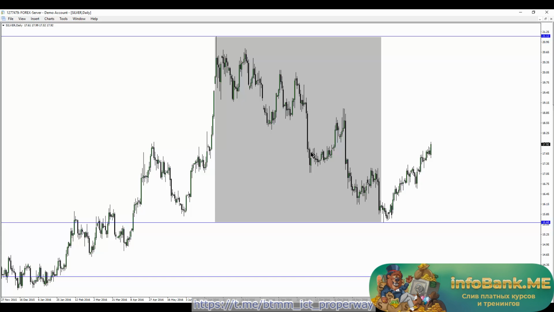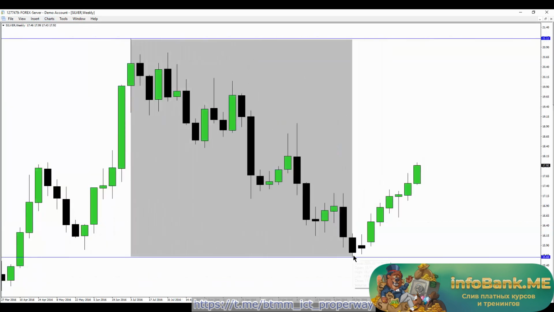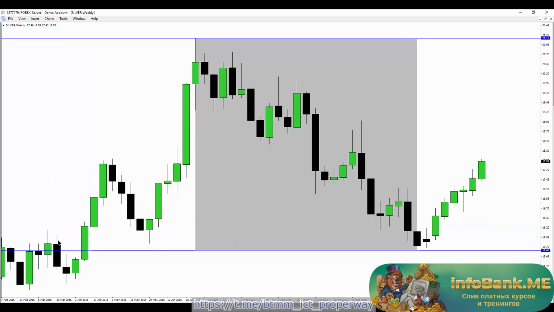If the monthly is bullish and the weekly is bullish, let's go back out to a weekly chart. Price is trading down into that monthly level, and it's also inside of a weekly bullish order block as well. So now we have the monthly chart and the weekly chart in agreement. So now we can look at the daily chart when it's in correction or going lower.